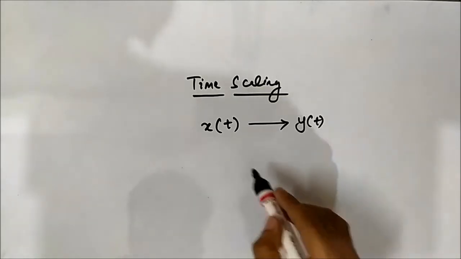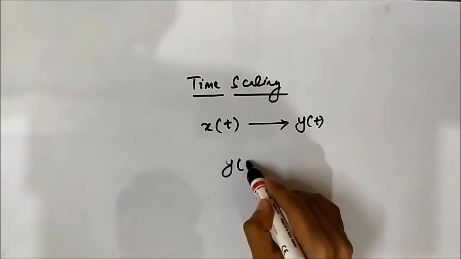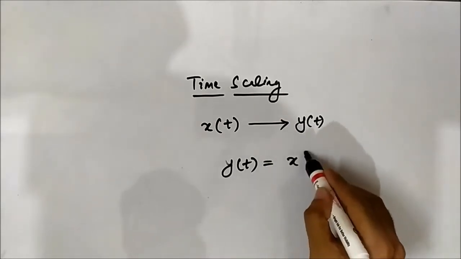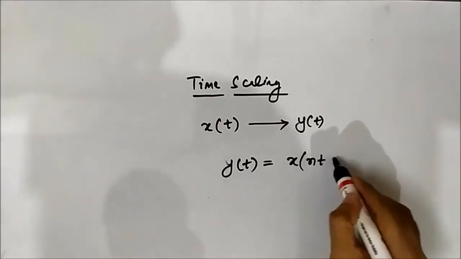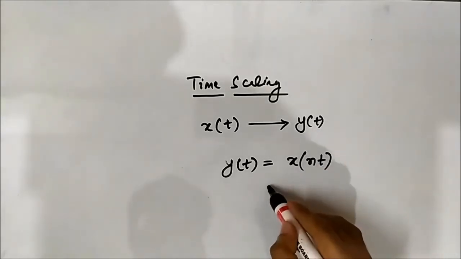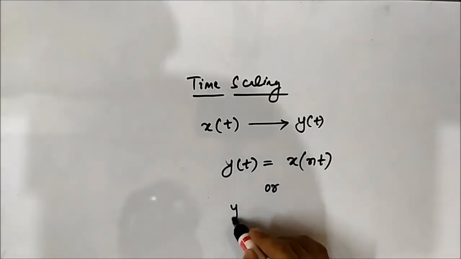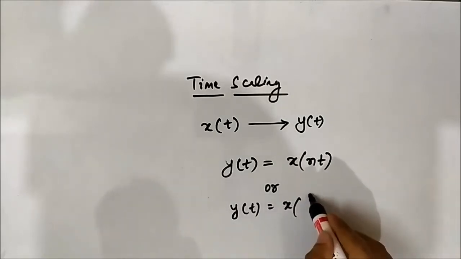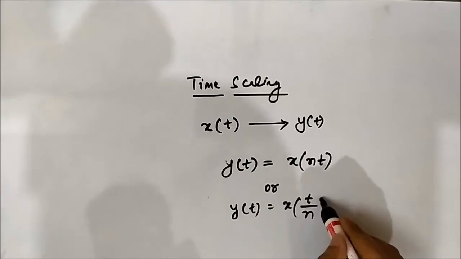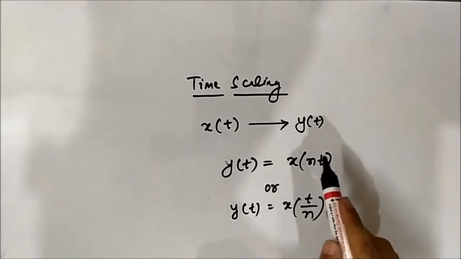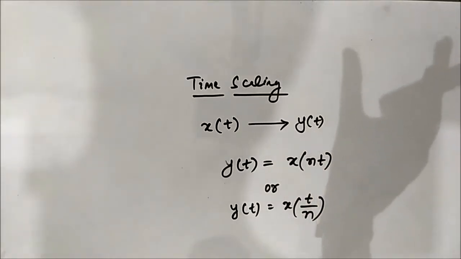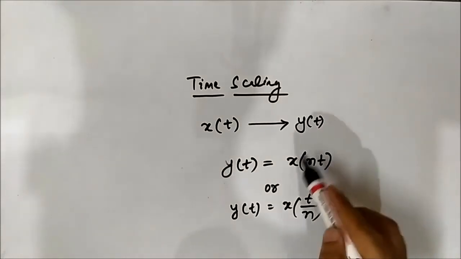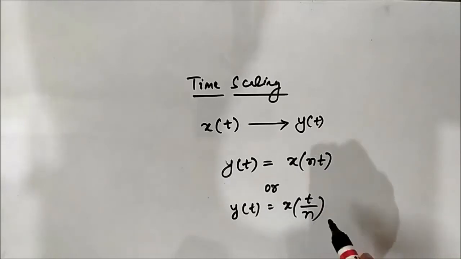So this time scaled signal can be of this form, or it can be of this form. Any real number is multiplied with time within the bracket, or divided.